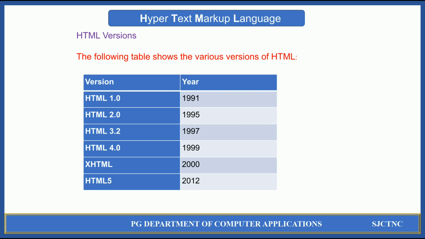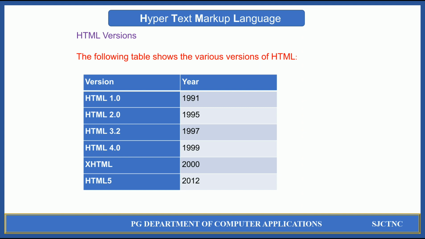Third, HTML 3.2 in 1997. Then HTML 4.0 and HTML 4.01, which we largely use, published in 1999. Currently, most people are using this version, HTML 4.0.